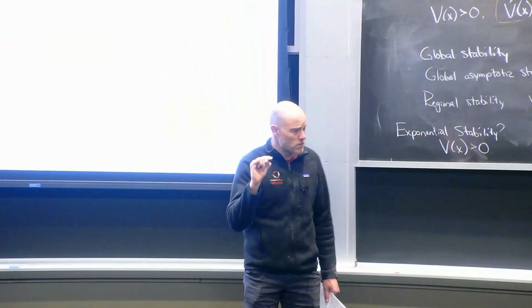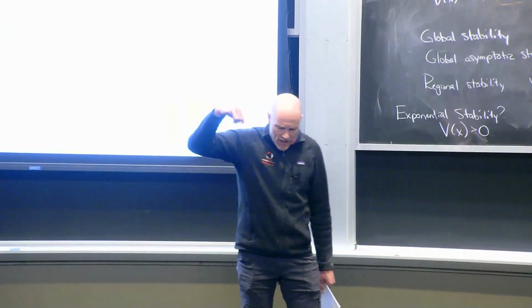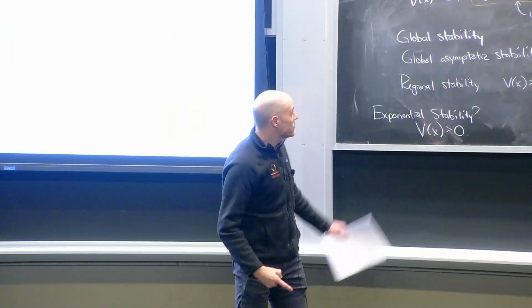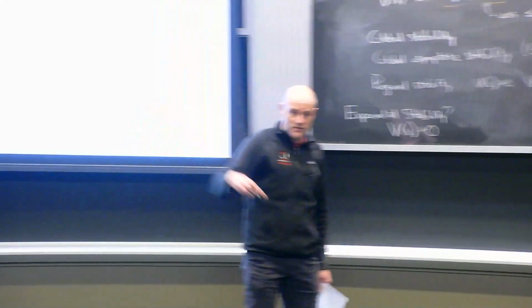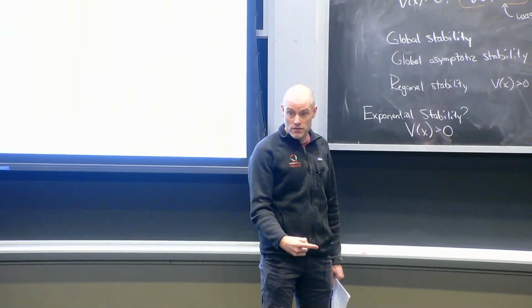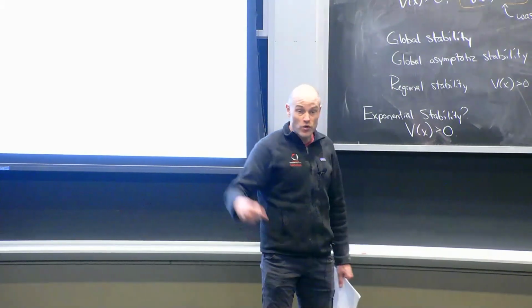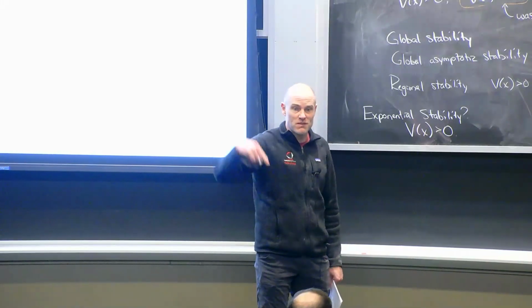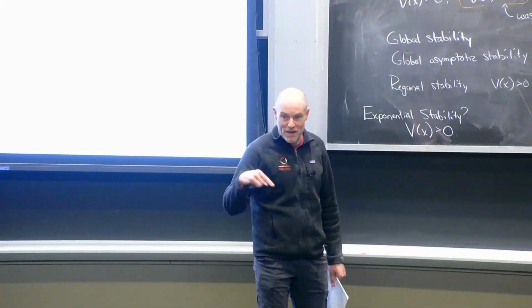Remember the difference: asymptotic stability says I'm going to get to the origin as time goes to infinity, and so just going downhill is enough. But exponential stability says I'm going to converge to the fixed point at some rate that is bounded by an exponential. So in order to get that, we want v dot not just to be less than 0, but strictly less than, bounded away from 0.